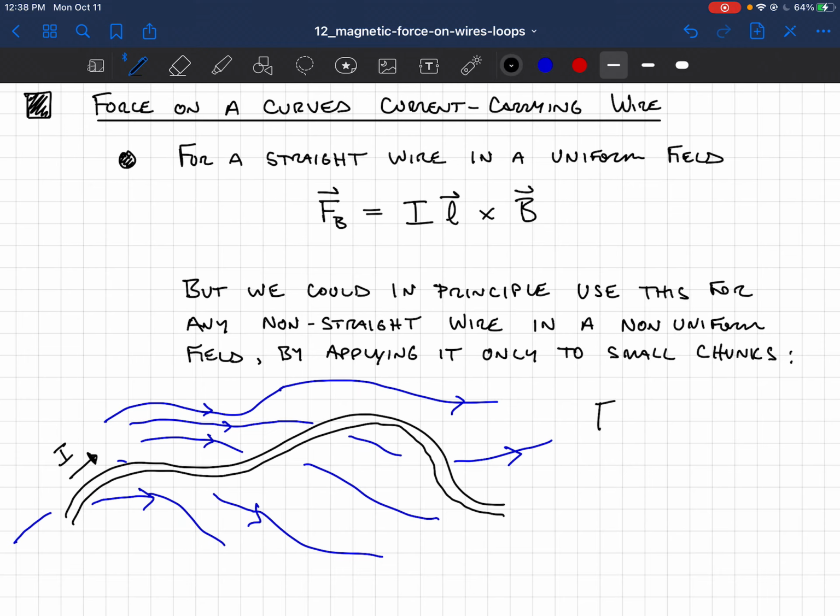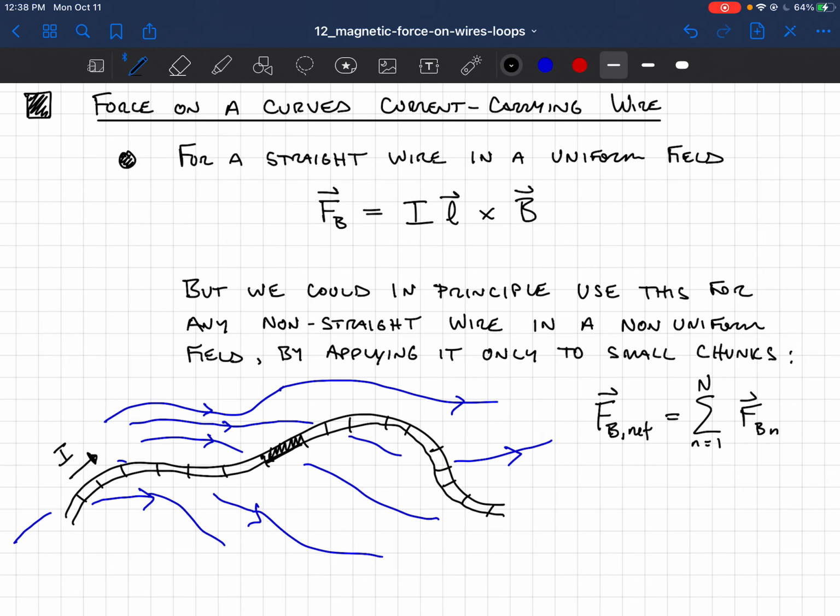Well, the net force is just like we said last time. It's going to be equal to the sum of the forces on every little chunk. So we want to chop up the wire into chunks. Chop, chop, chop. And then we consider the force on every chunk.